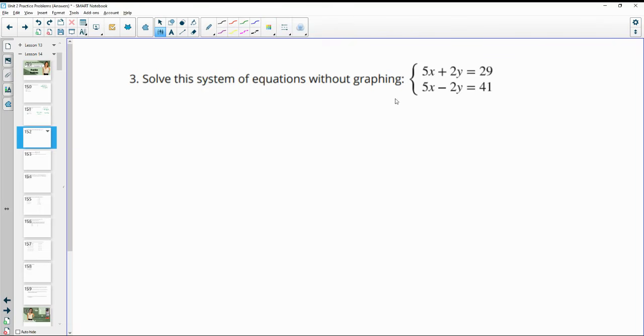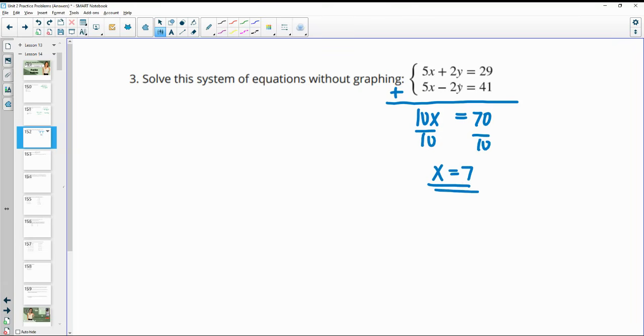I find that people make less errors when they add. So I like to add. So 5 plus 5 is 10x. 2y plus negative 2y is 0. And then 29 plus 41 is 70. So now we've eliminated the y variable and we find out that 10x is equal to 70. So then we can just divide by 10 and we get that x equals 7.